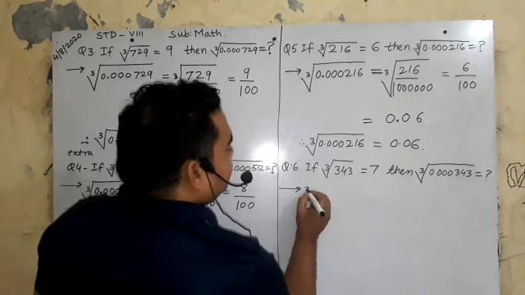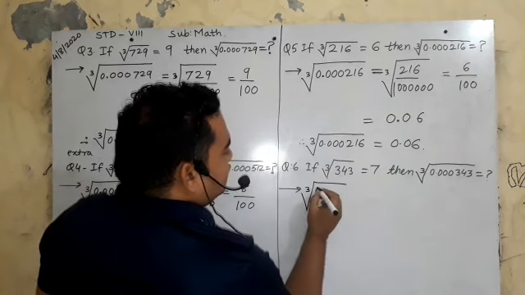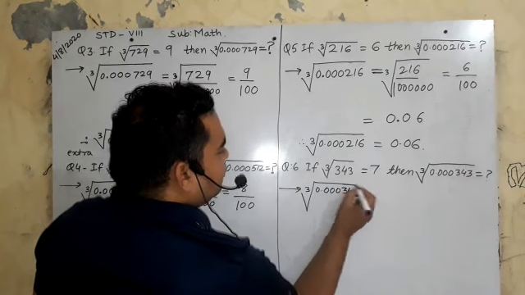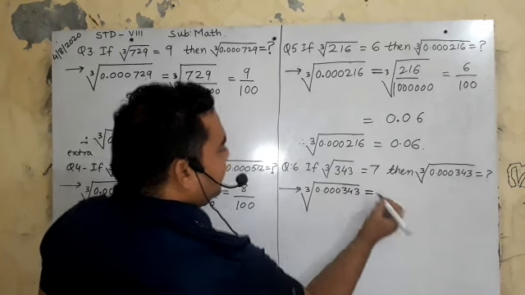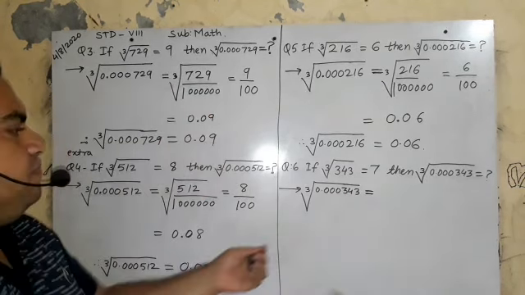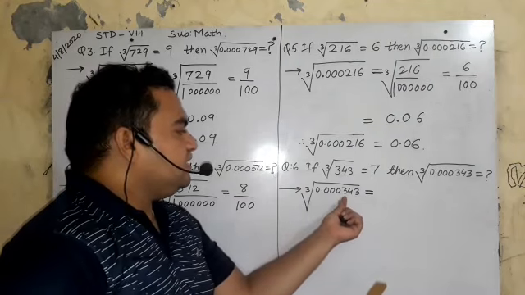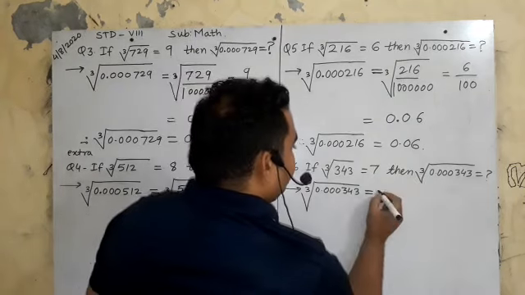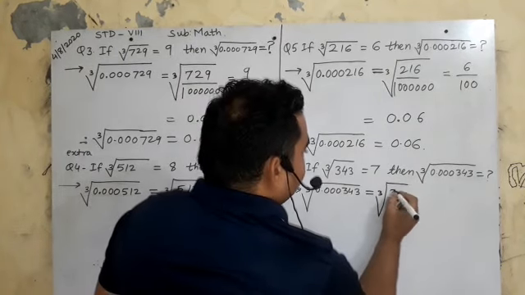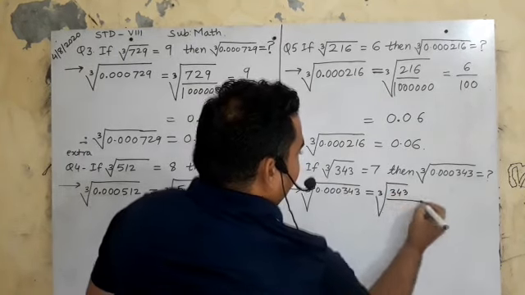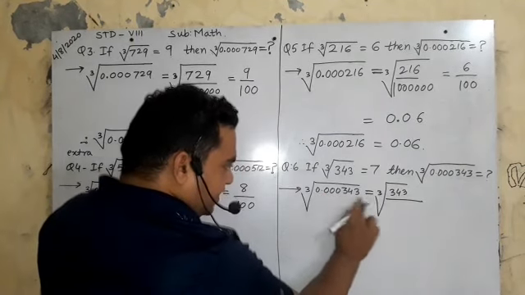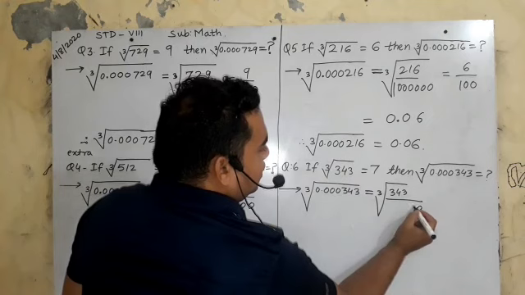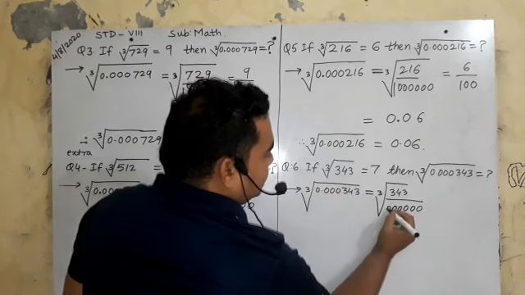So I will first write the cube root of 0.000343 is equal to, in a perfect fractional form, 343. I know the cube root of 343, and the decimal point is after how many digits? 1 2 3 4 5 6. So I will use 1 followed by 6 zeros.